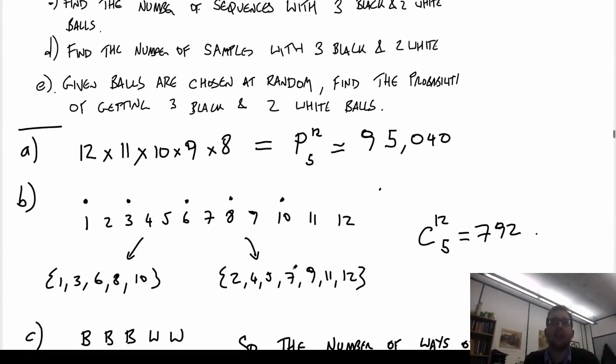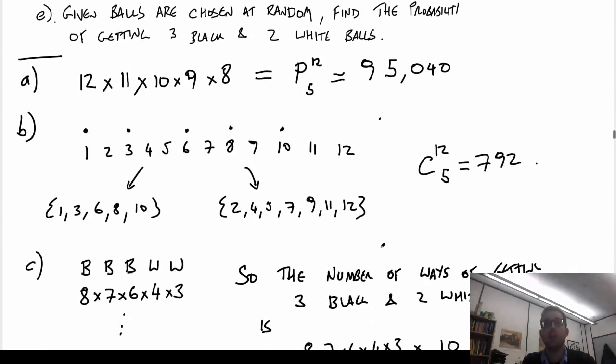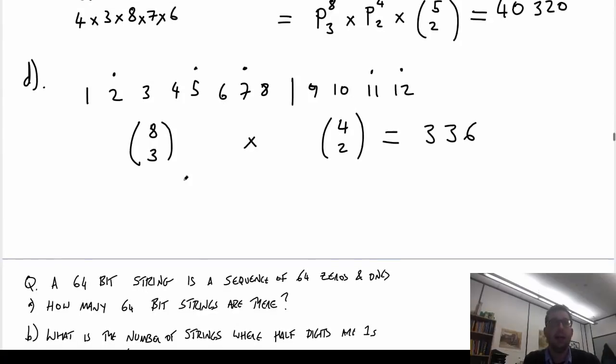Well, there's 2 ways of answering this question. One in terms of permutations, as we've used in A and C, and one in terms of combinations, as we've used in terms of B and part D. Okay? And both of them work. So, one way to think about it, so we could say the probability of 3 black and 2 white.